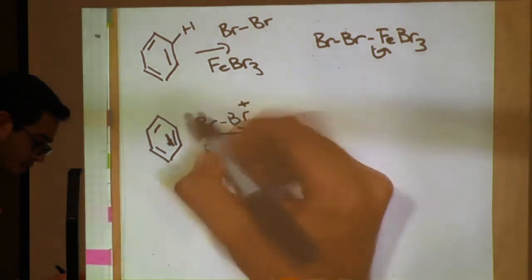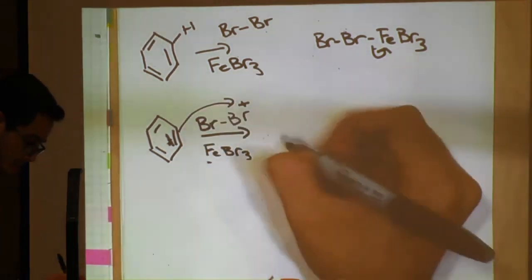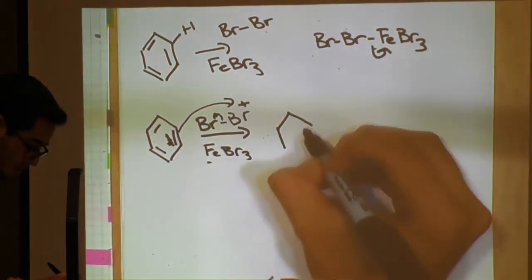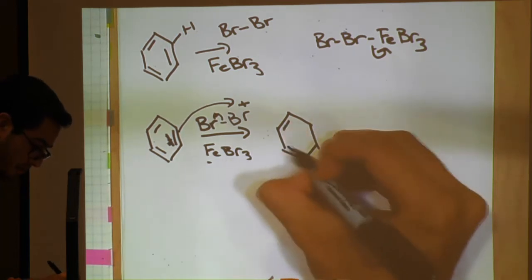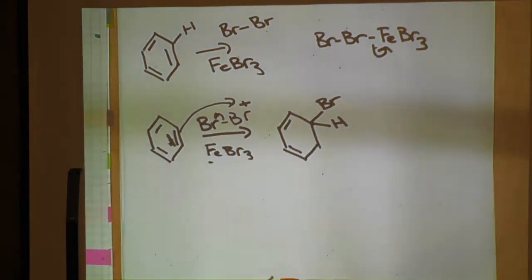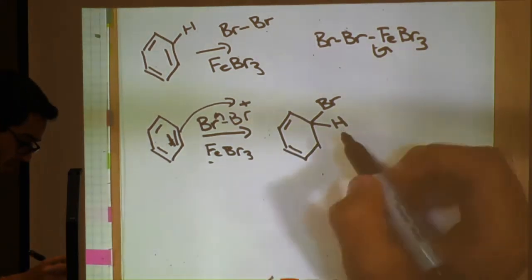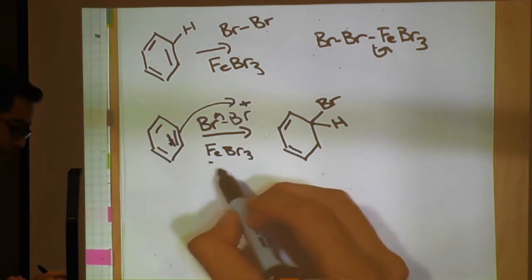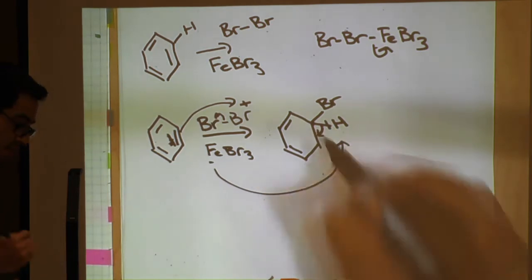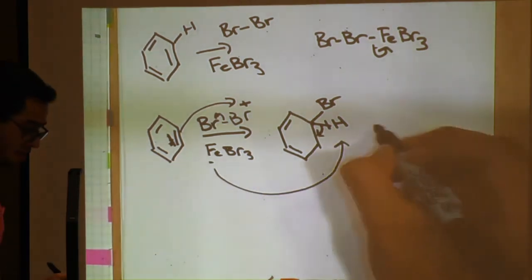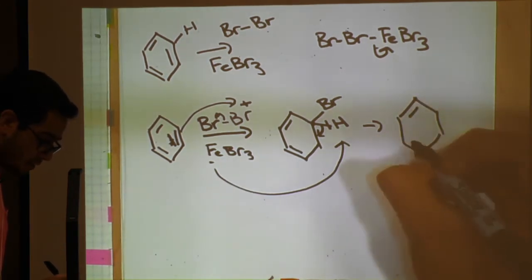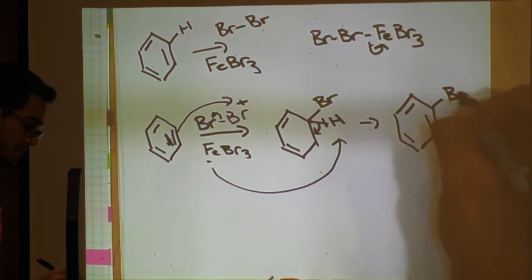So essentially from here, the ring is going to attack that, this cleaves that, and so we have this. And now the negative from the iron is going to take that hydrogen, cleaving the bond and bringing the electrons back down. And that's how we end up with the ring fully conjugated once again. And bromine is now attached.